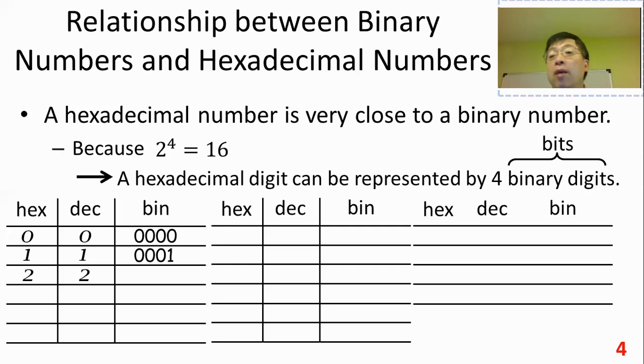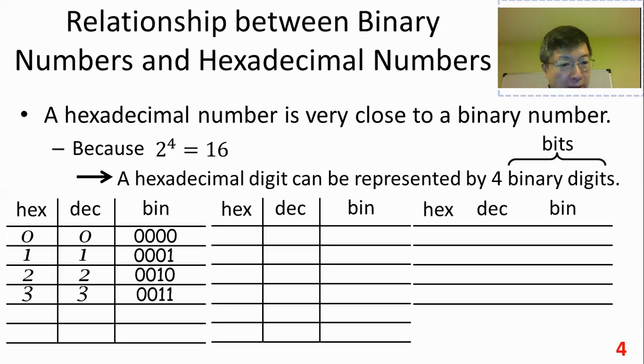2: let's add 1 more on top of the previous one. This time we have a carry at the second position, so that's 0, 0, 1, 0. Next one, 3: we add 1 more to the previous binary number, so we have 0, 0, 1, 1.